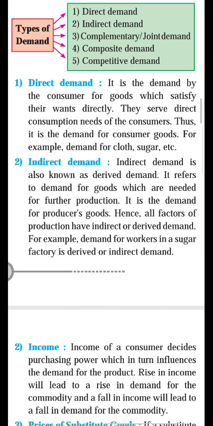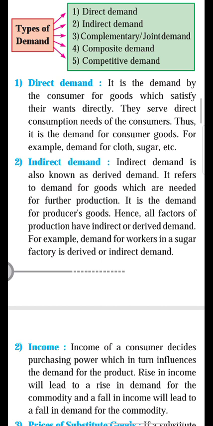It means the demand for the commodities which are needed for further production. It is a demand for producer goods. As the demand for consumer goods is direct demand, the demand for producer goods is indirect demand.